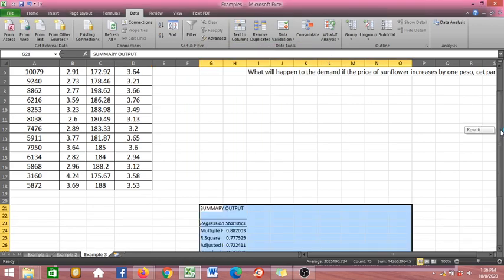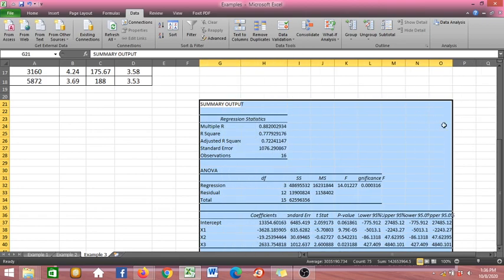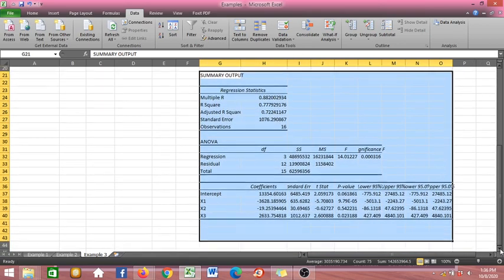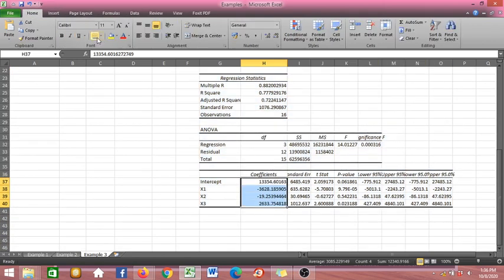Here is the result. Okay, so we have here the coefficients, standard error, t-stat, and p-value. We have the R-square and significance F. So we can now write the regression equation.